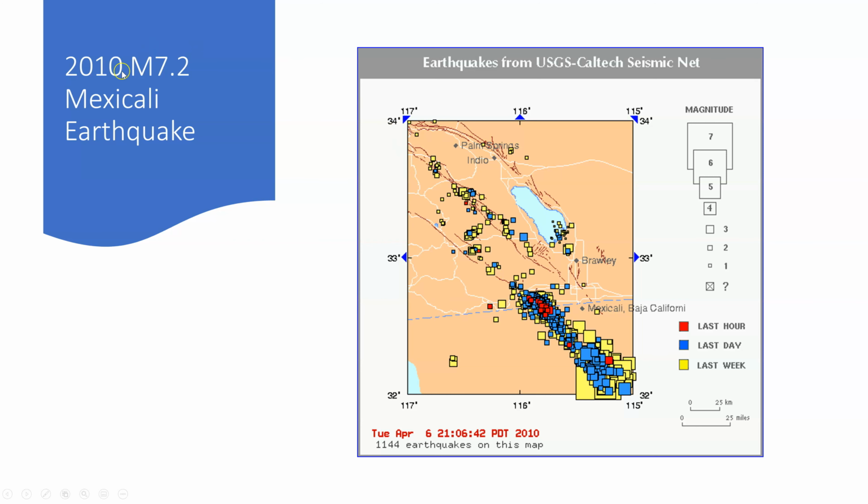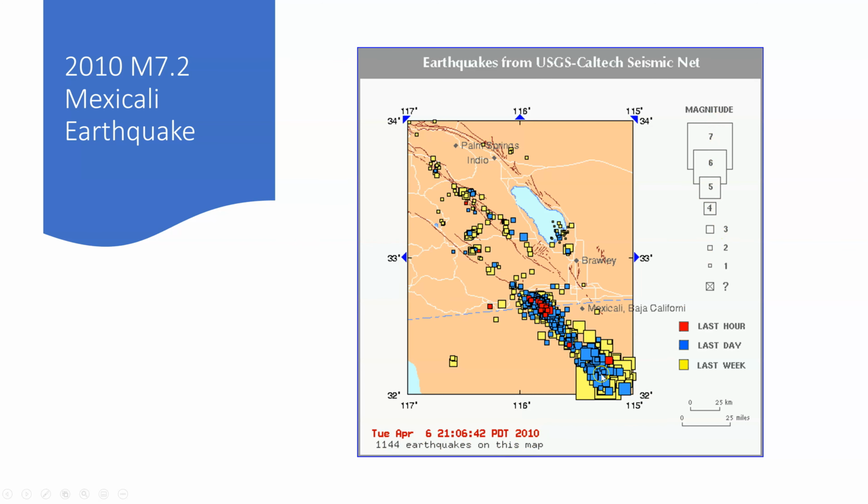So in 2010, we did see something we named the Mexicali earthquake because it occurred near Mexicali, Baja California. If we look at earthquakes during that time, this is April 6th, 2010, you can see the different earthquakes that happened in the last hour, last day, last week, relevant to that date.